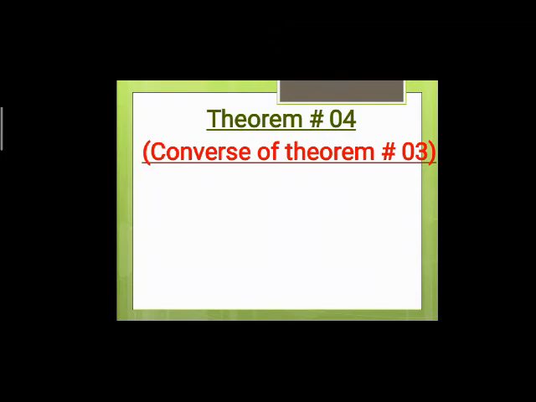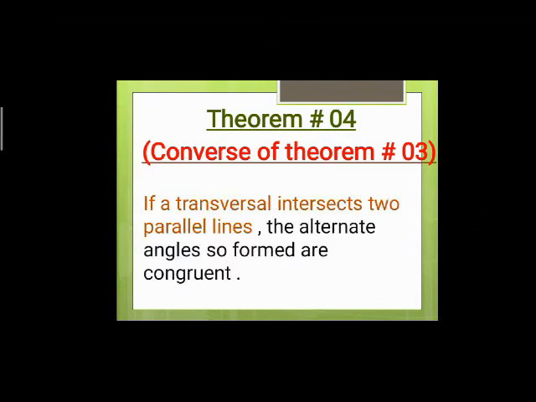But theorem number 4, the converse, says that if a transversal intersects two parallel lines, then we have to prove that the opposite vertical angles are congruent. Now we again use what we already discussed in theorem number 3.